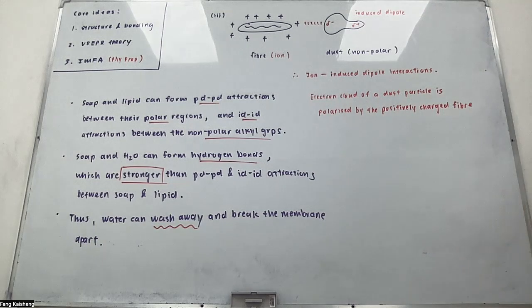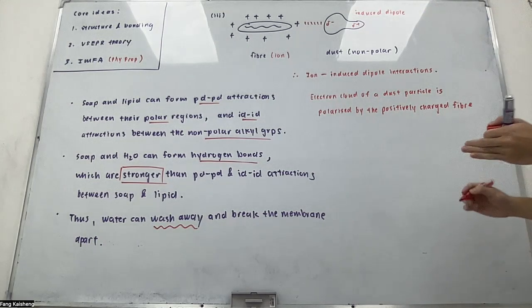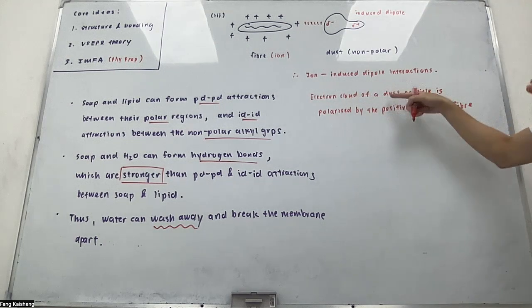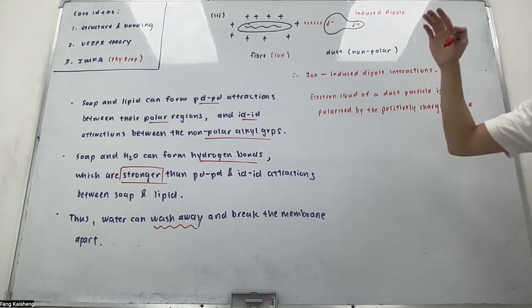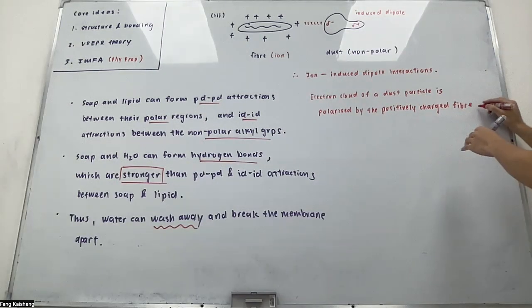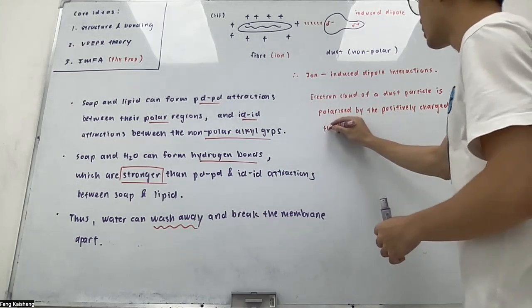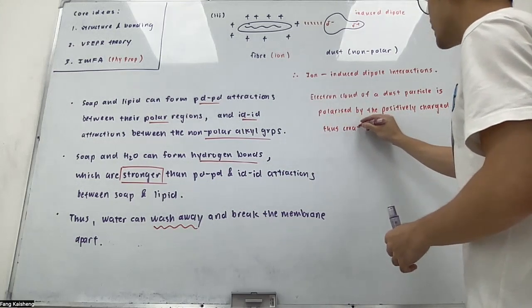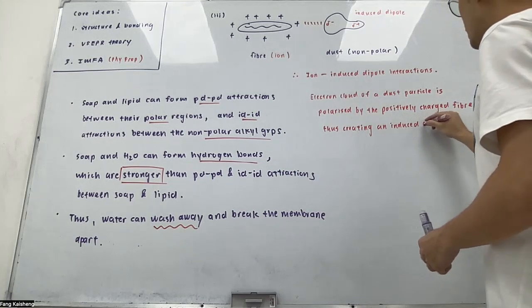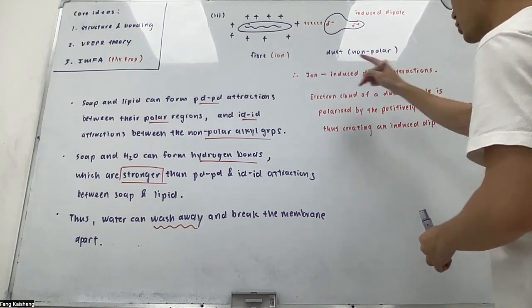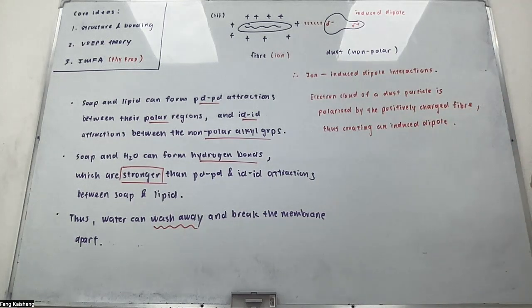All I'm doing here is putting things into context. Don't just tell me the electron cloud of a non-polar molecule is polarized by cations. That has no relation to the question. So contextualize it. Then you can tell me, thus creating an induced dipole. The rest is just ion dipole, you don't need to explain anything. So that's the end of the answer.